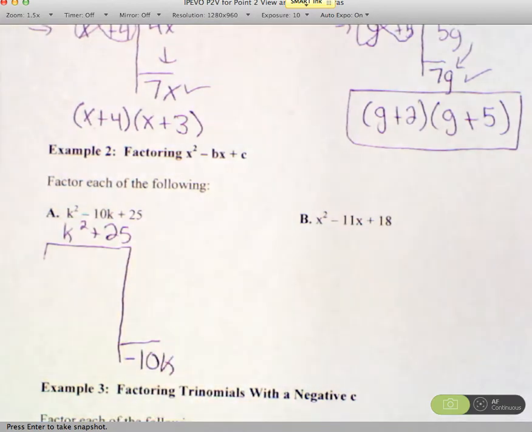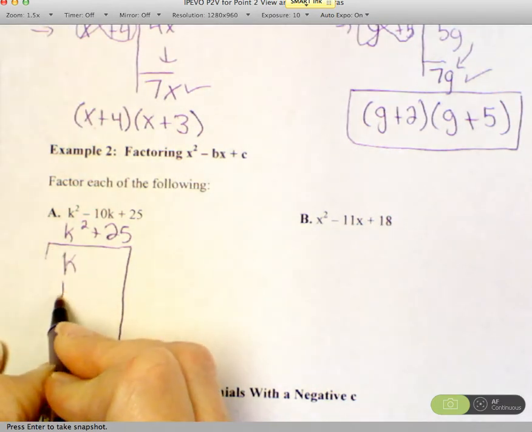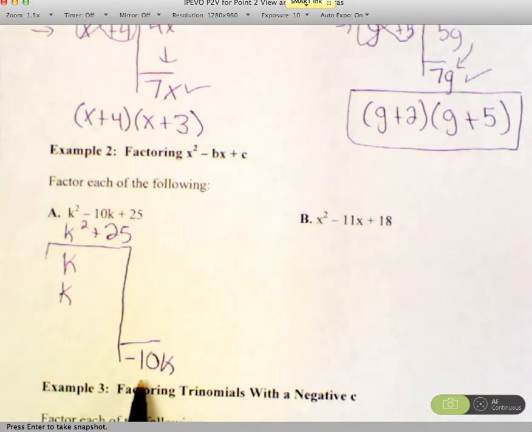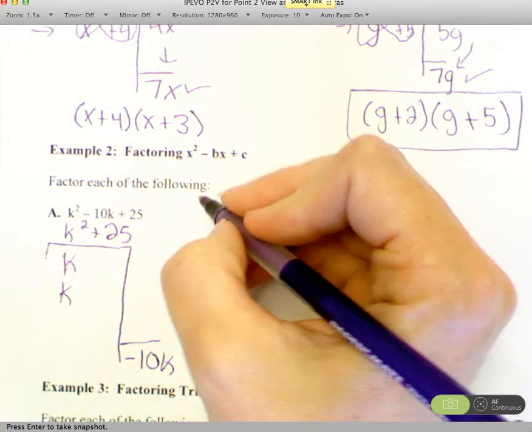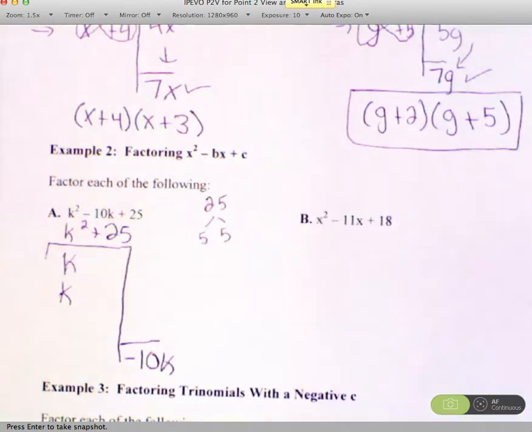If we break down k squared, it's k and k. We want factors of 25 that add to get negative 10. Let's think about 5 and 5. 5 and 5 add to get positive 10, but they don't add to get negative 10. So we have to think of some other factors.